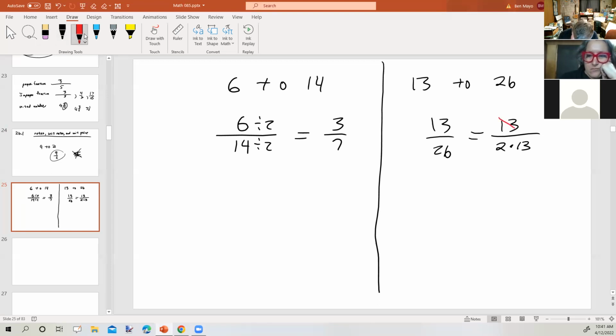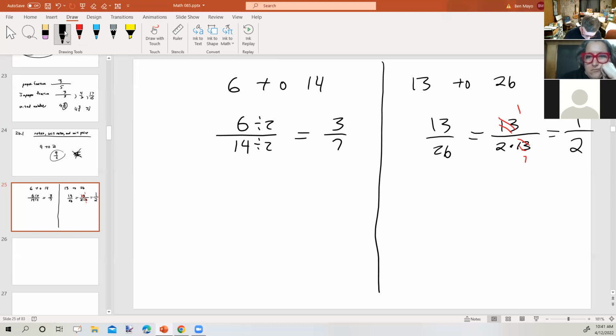So I could reduce the 13 over 13 to 1 over 1, and now I have 1 over 2. So the ratio of 13 to 26 could be expressed as 1/2 or 1 to 2. Okay. Any questions about that example?